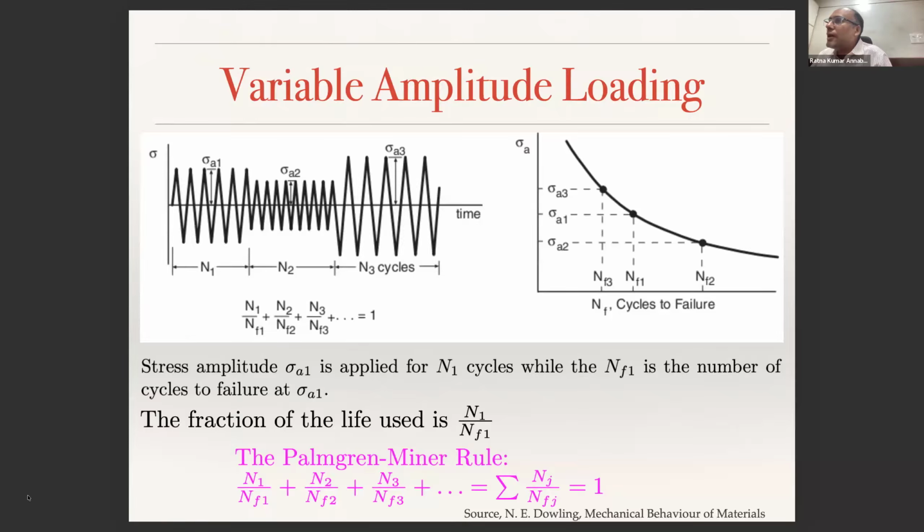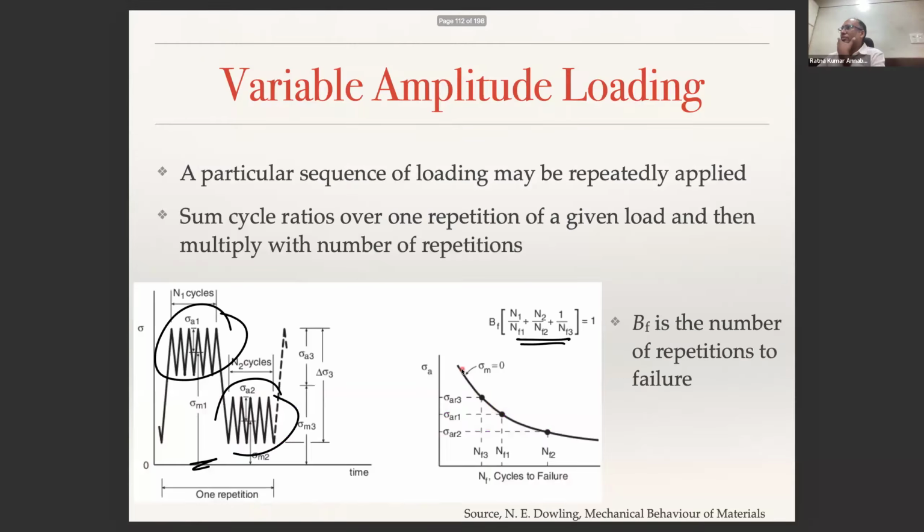All right. Once that is clear to us, we can go about understanding how to solve. When you are applying variable amplitude loading, a particular sequence of loading may be repeatedly applied, meaning you have sigma A1, and then it goes from sigma A1 to sigma A2, and again sigma A1, sigma A2, again sigma A1, sigma A2.